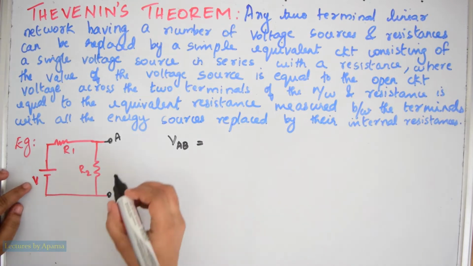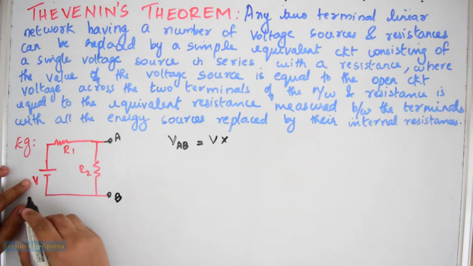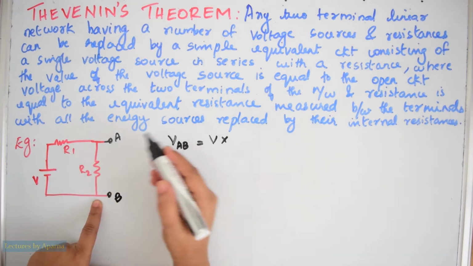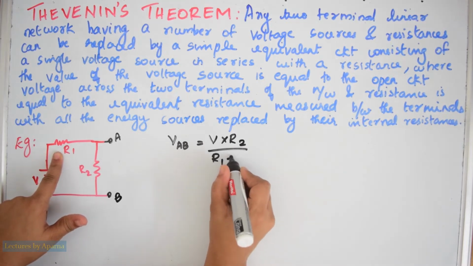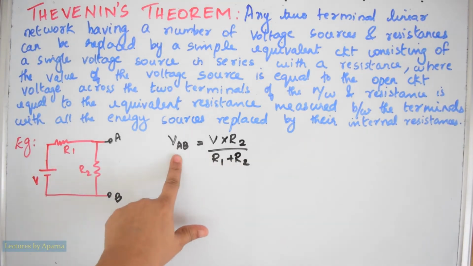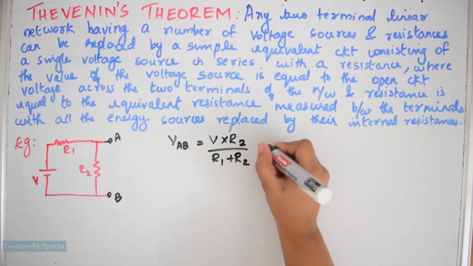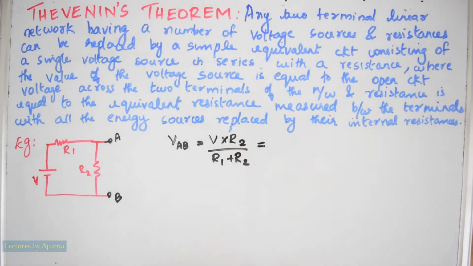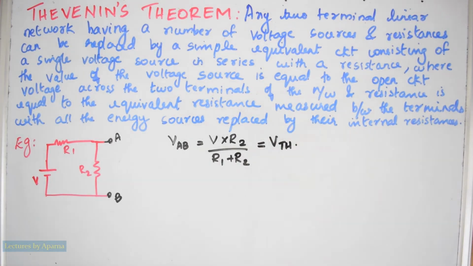So what does it say? The total voltage times the resistance R2 divided by R1 plus R2. So this is VAB. Okay, and this VAB is equal to the Thevenin's voltage.